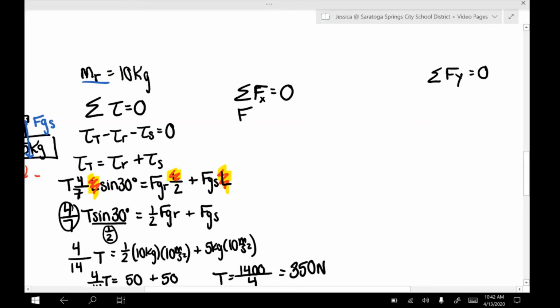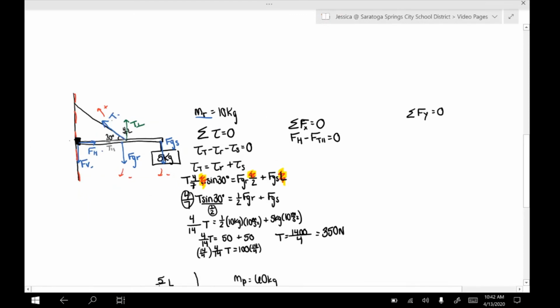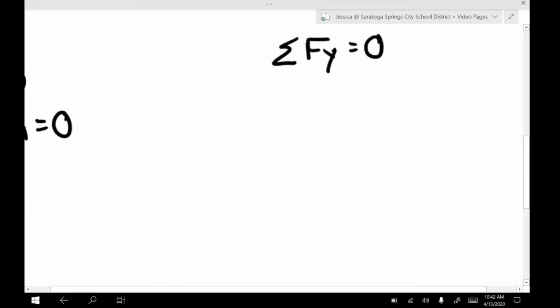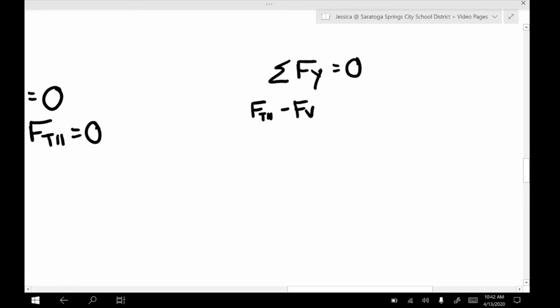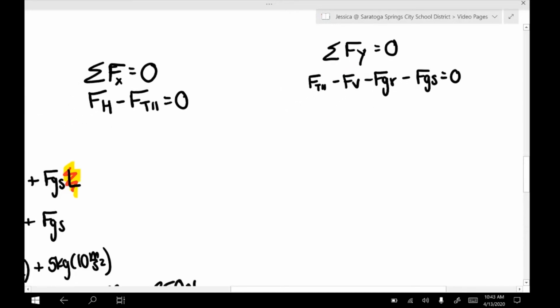So I have FH minus tension parallel. Vertically, I have the perpendicular tension upwards, FG, FG, and FV downwards. So this is FT perpendicular minus the vertical force from the hinge minus FG of the rod minus FG of the sign. All right, let's do the x direction first since there's less there.